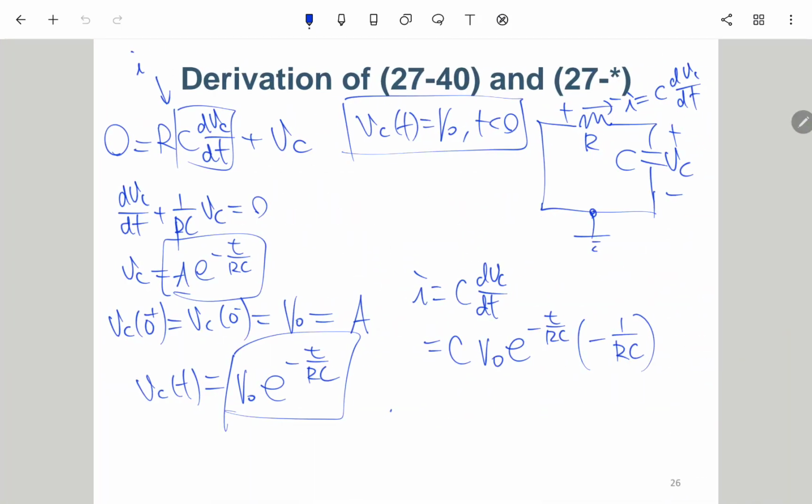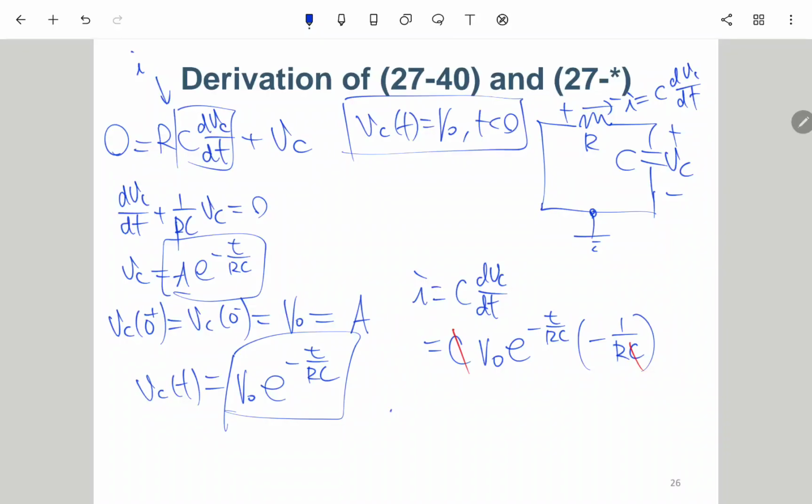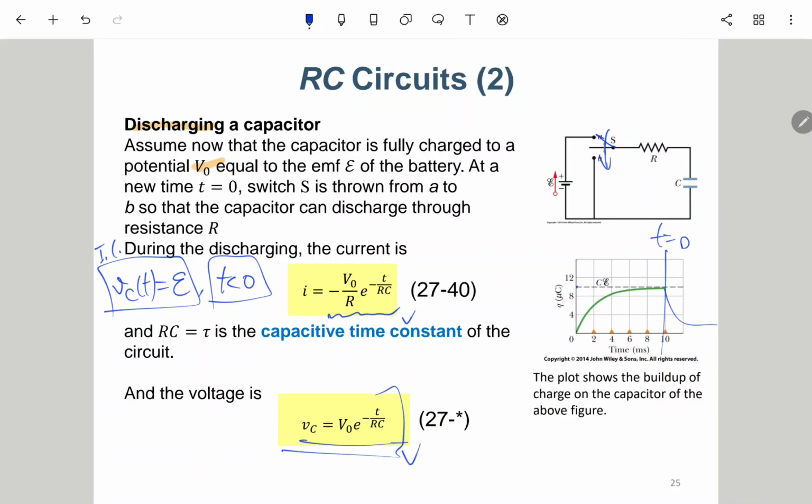Here we can cancel this C and this C. So finally it turns out to be negative V0 over R, and then exponential to negative t over RC, like this. Okay, so this is actually this one.